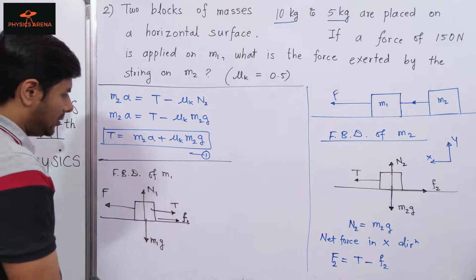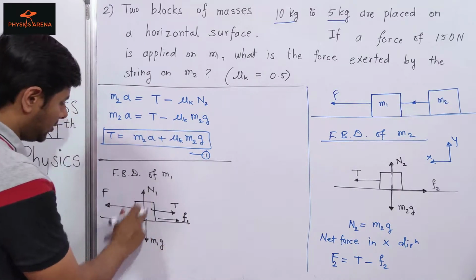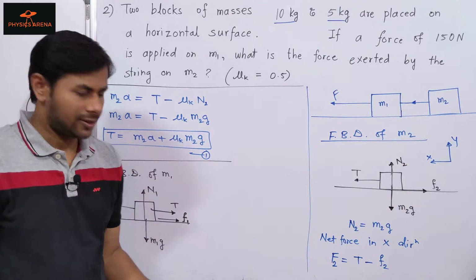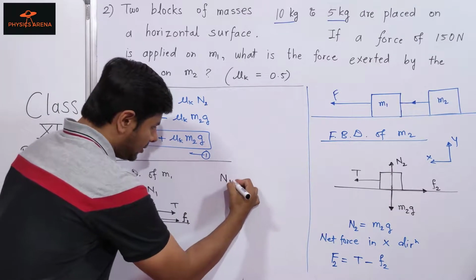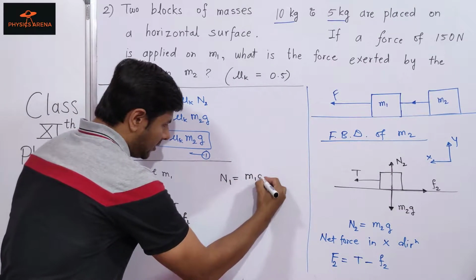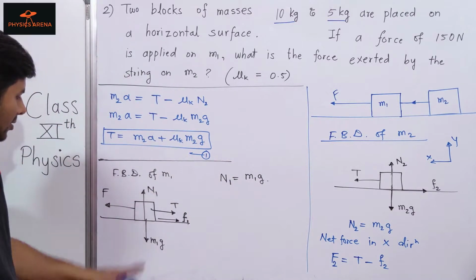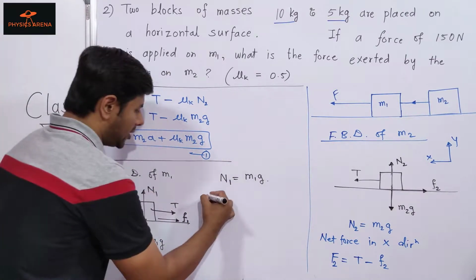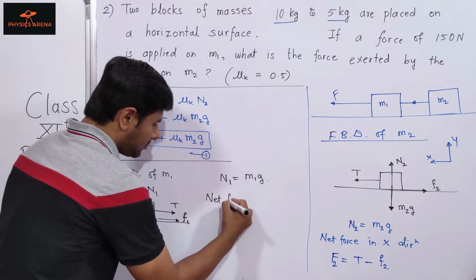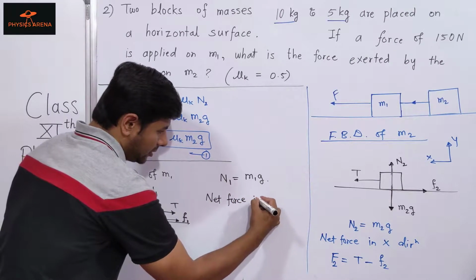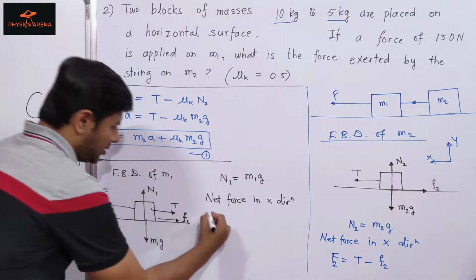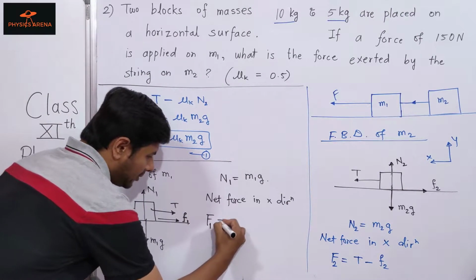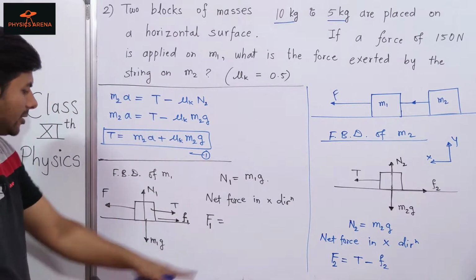Now we can write down the equations. So the normal reaction balances the gravitational force or weight, so N1 equals m1 times g. Then what is the net force in the horizontal direction? So the net force in the x direction now is, let's call it capital F suffix 1.